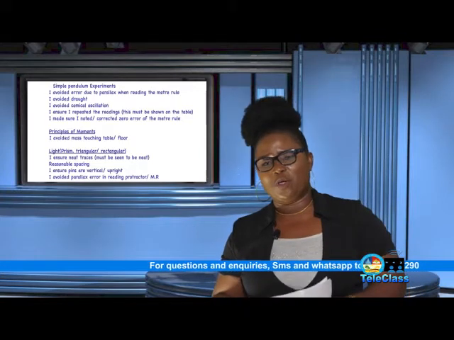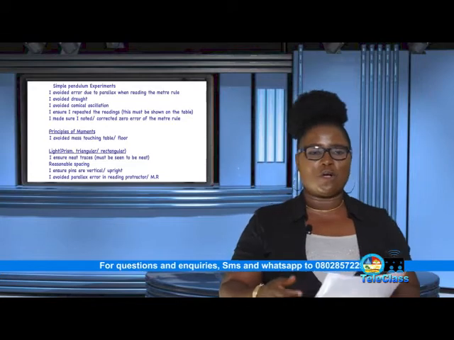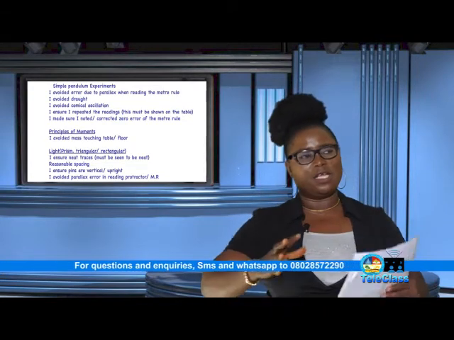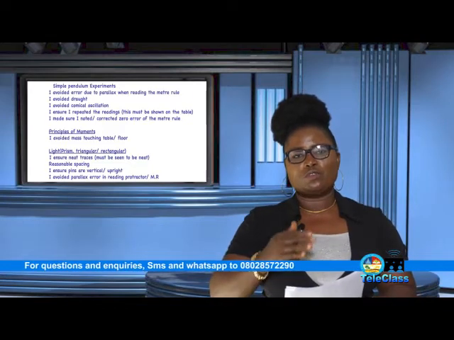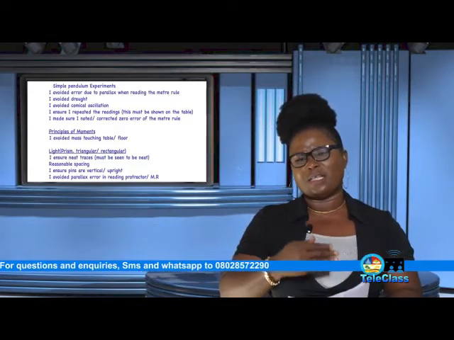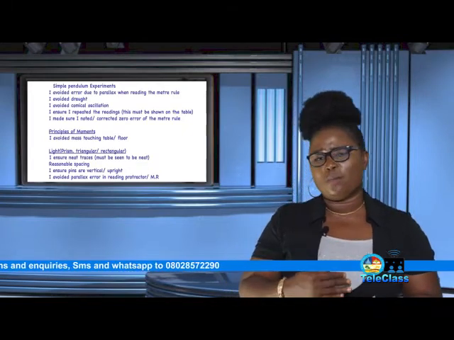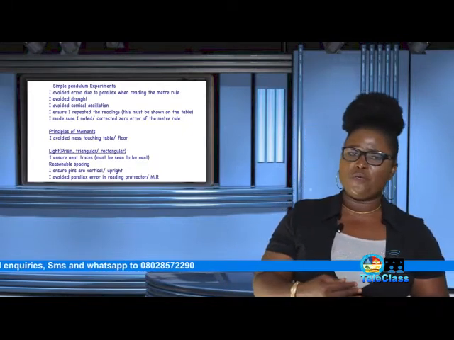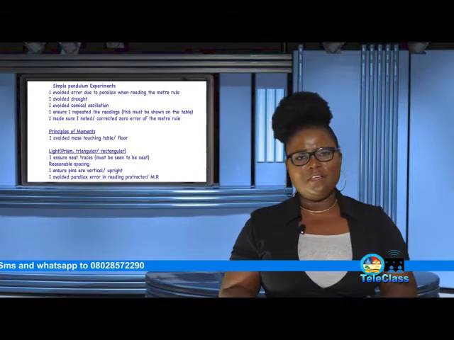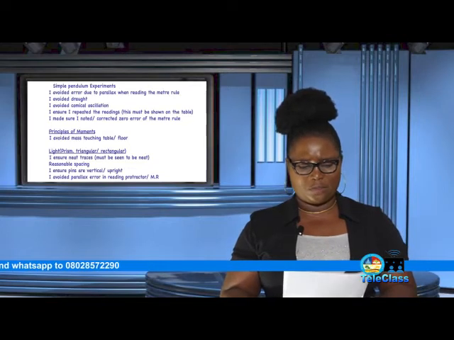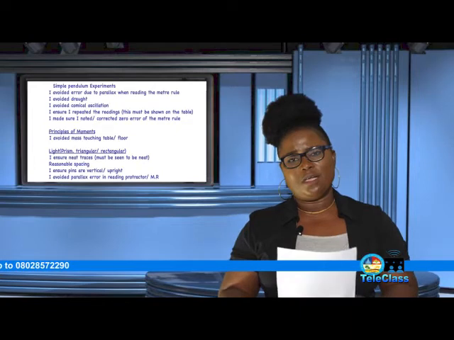I know that I've not been able to express myself so well, because when you are seeing it live, when you are plotting the graph live, somebody will be able to correct you and that will help you better. But with what I have been able to pass across to you, I'm sure it will help you a great deal. Now, I want to give us some precautions, the way you should state precautions in different practicals.